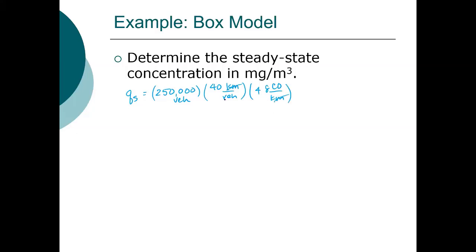So kilometers cancel, vehicles now cancel. This is the traveling over a 2-hour time period. That's the time period. It's 3,600 seconds. And we will divide this by the area.